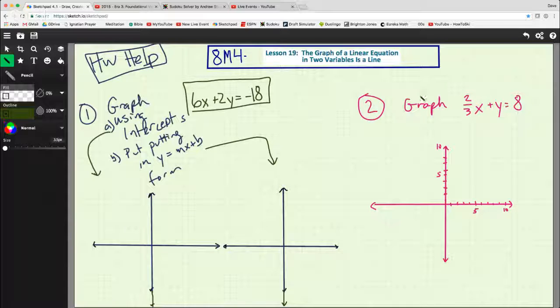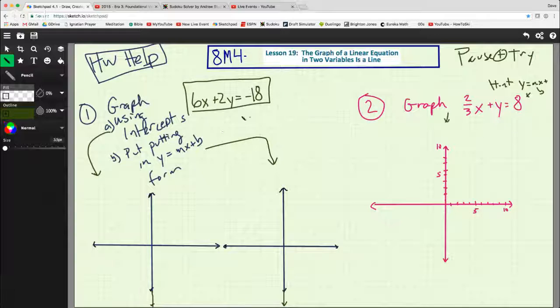Then we're going to graph this line here, and then we're going to do some other graphs to complete our homework help. So now I want you to pause and try. Again, hint here, y equals mx plus b. Put this in y equals mx plus b form. It is not in y equals mx plus b form, so it's hard to graph it right now.